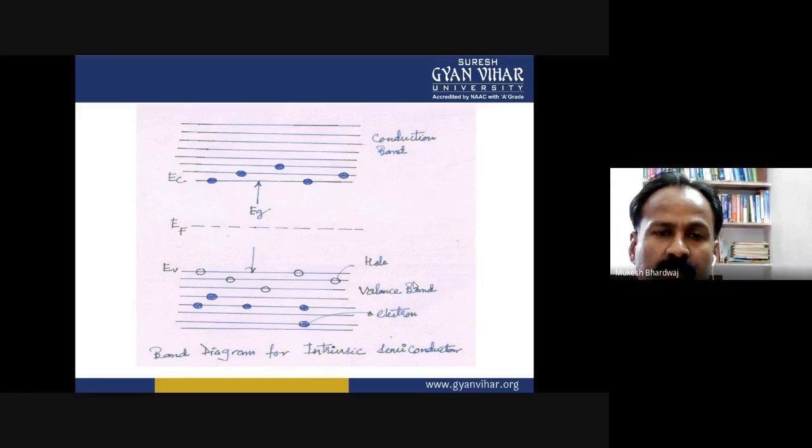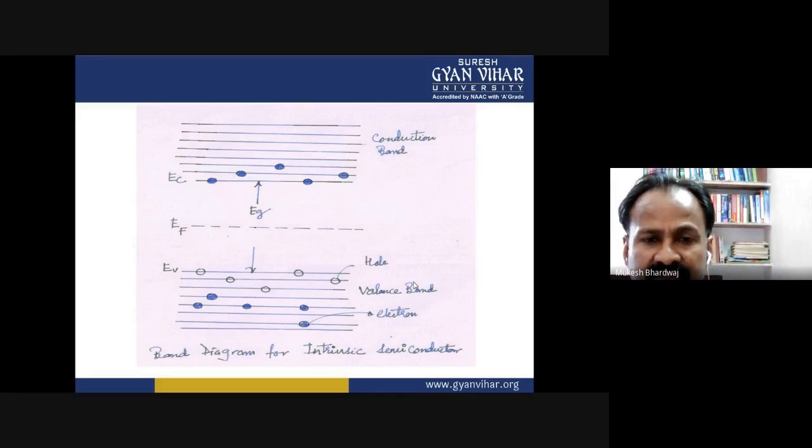So whatever energy is given to the semiconductor, if a sufficient amount of energy is taken by the valence electrons, then they cross the Fermi level and reach the conduction band and play a vital role in the conduction of electricity.